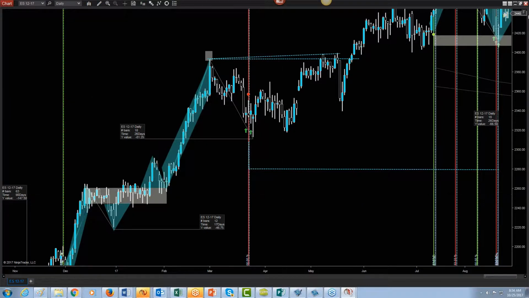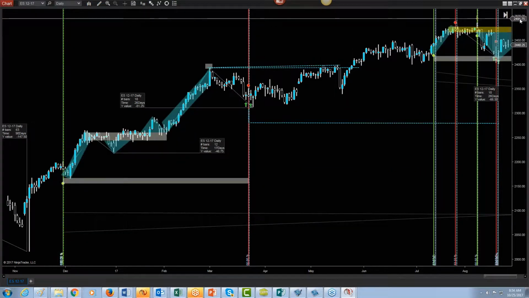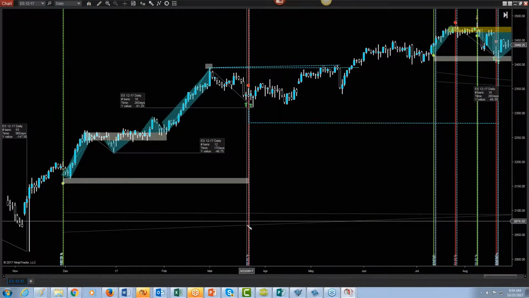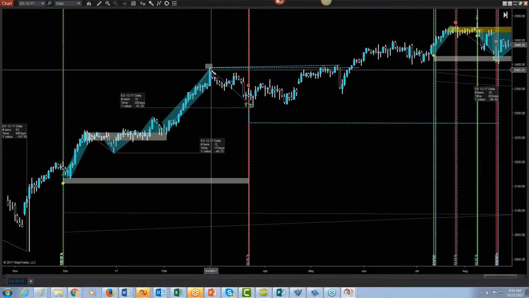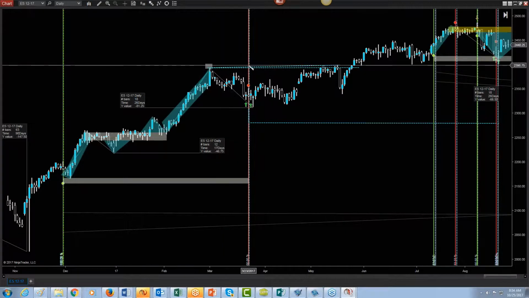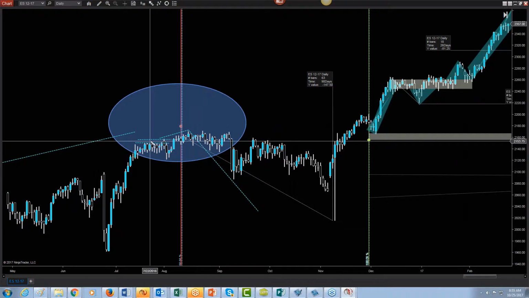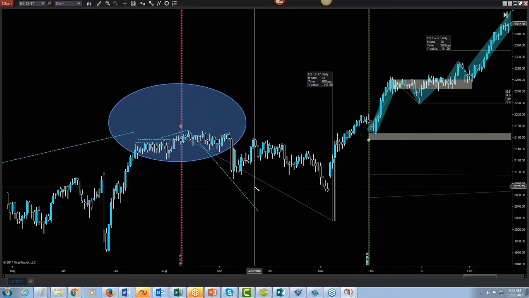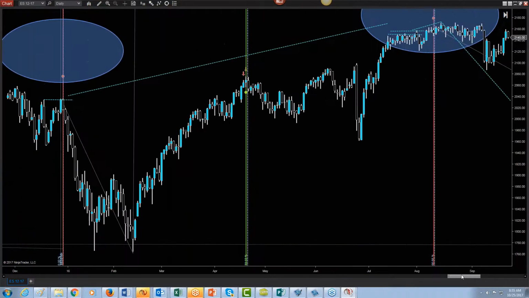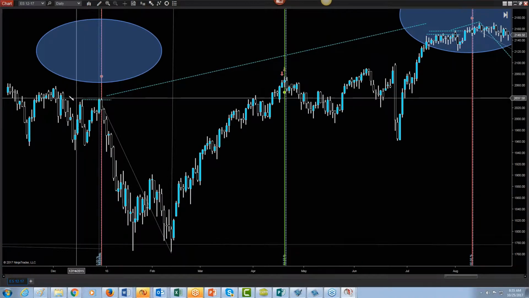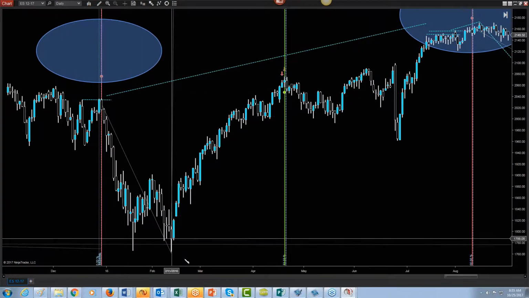So in all of the last three instances of this major division line, the prior swing coming into the division line becomes an extremely volatile short point.